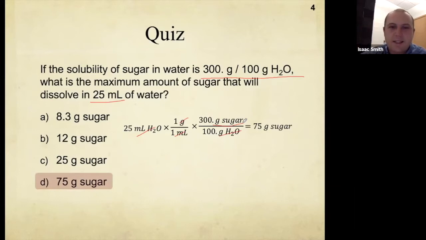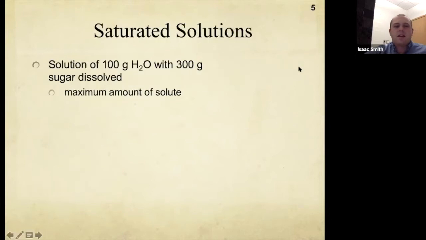But the idea here is that there is a set amount for each solute that can dissolve in 100 grams of water, basically. So for example, let's talk about saturated solutions. So a solution of 100 grams of water with 300 grams of sugar dissolved.